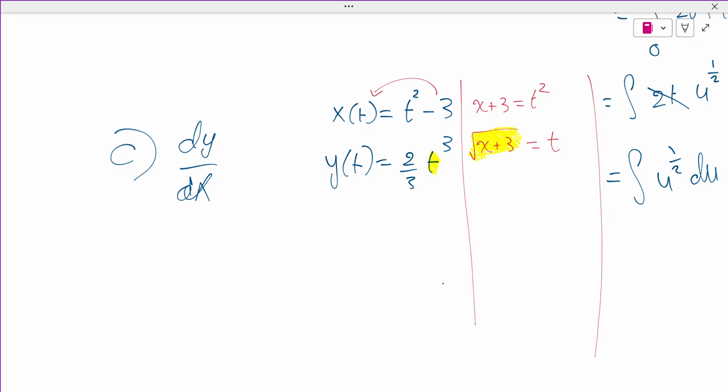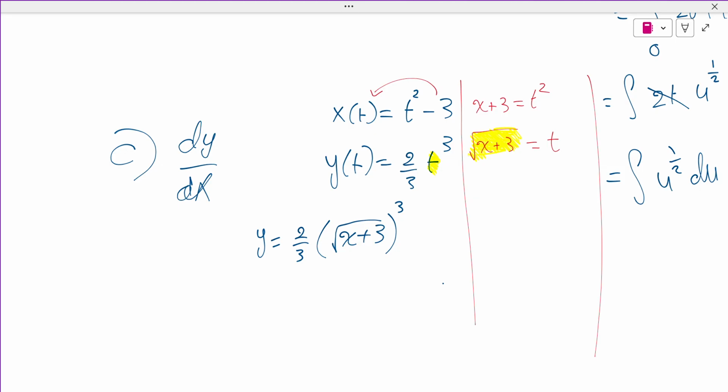So y is equal to 2 over 3. Instead of t, I'm going to write x plus 3 under the square root, but there is a cubed here. So instead of t, we substituted root of x plus 3.